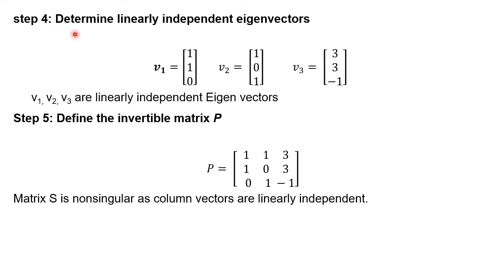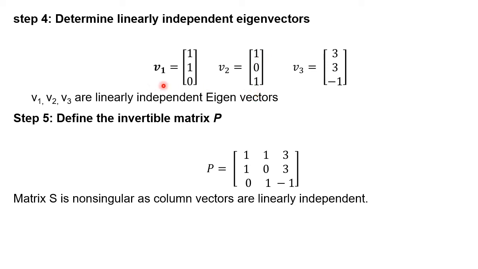Fourth step is to find the linear independence of these eigenvectors. So we have three eigenvectors defined as v1 equal to 1, 1, 0, v2 equal to 1, 0, 1, v3 equal to 3, 3, minus 1. Now let me check the linear independence between these vectors. If I multiply v1 by 1, I am going to get 1, 1, 0, but I have 1, 0, 1.